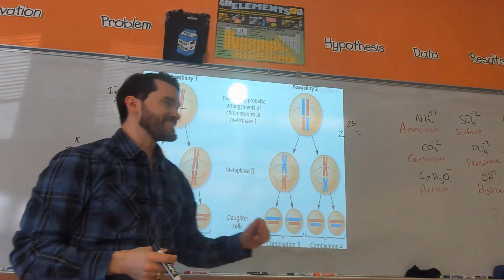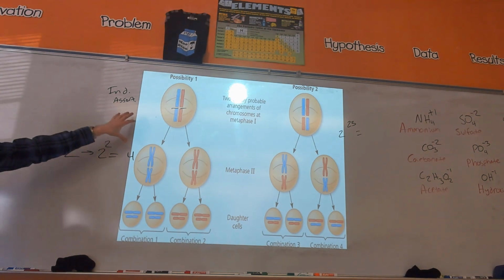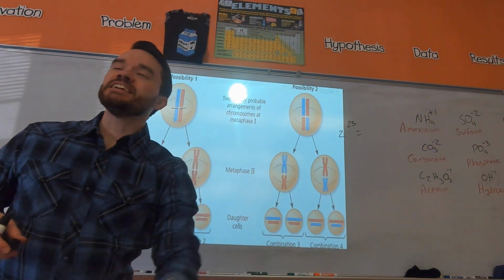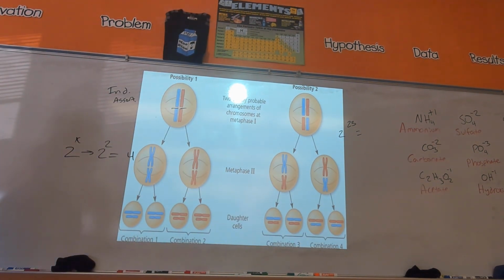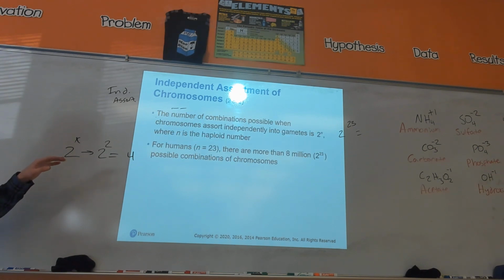I don't even know what that is, like a gigazillion or something. Independent assortment by itself gives us a ton of variation. It's more than 8 million combinations if you were to go across all your chromosomes, which is kind of wild.